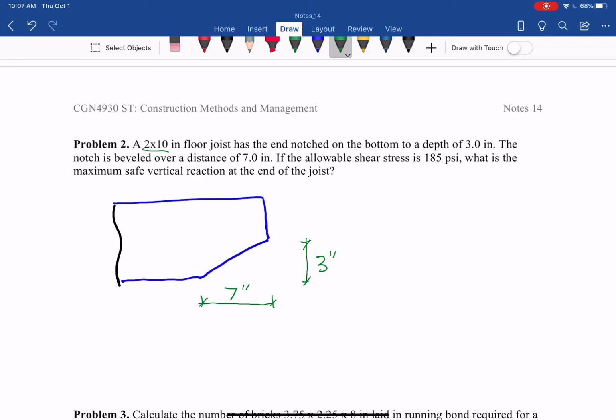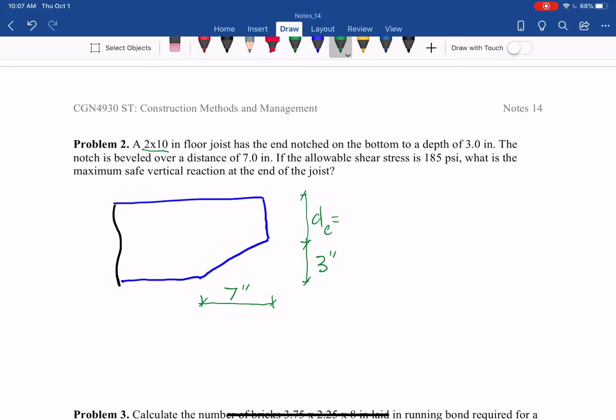And the question becomes, what is DE? This is the DE we want to find out. The cross section of this beam, as you can see, is 2 by 10.